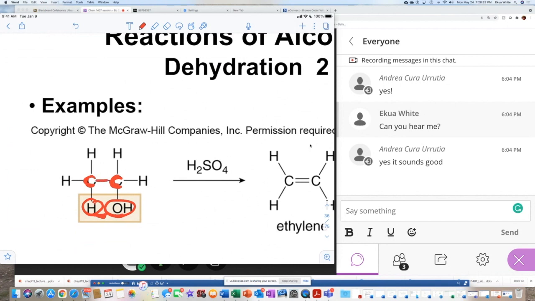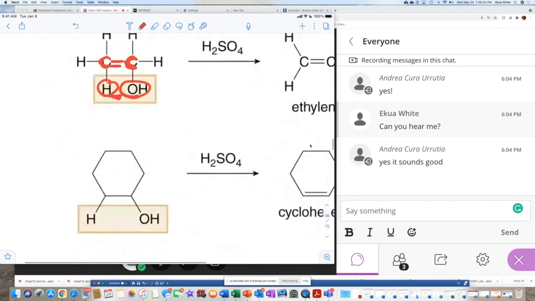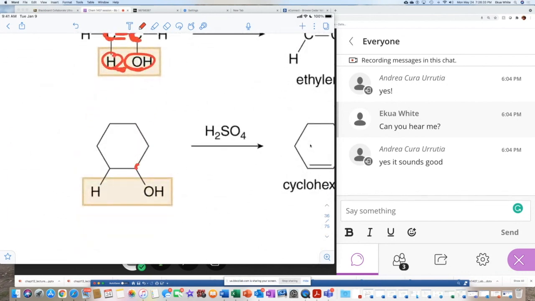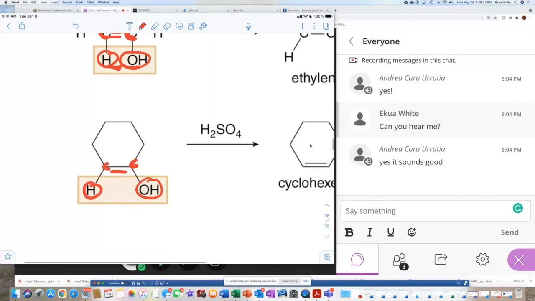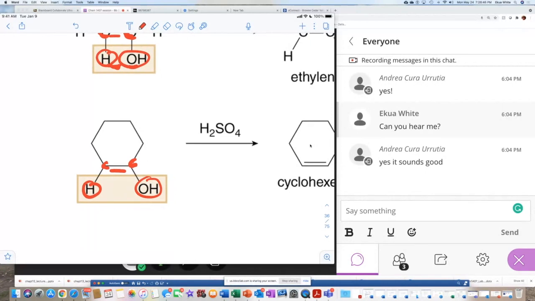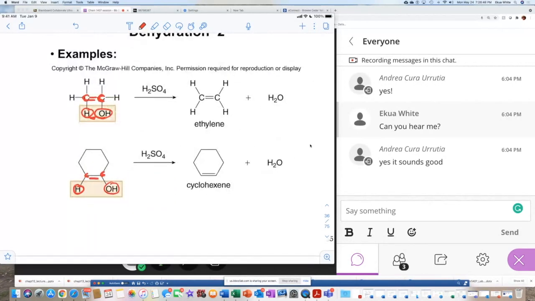And so it bonds extra with the carbon next to it. Okay? Same thing over here. The alcoholic carbon loses OH. When it loses its alcohol, the carbon next to it loses the H. So they form a double bond together, supporting each other due to the loss of the water molecule. And so this is the alkene, and this is the alcohol.